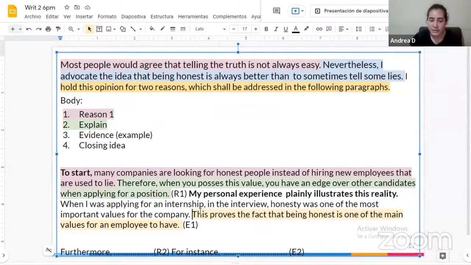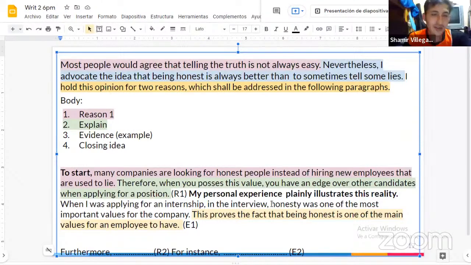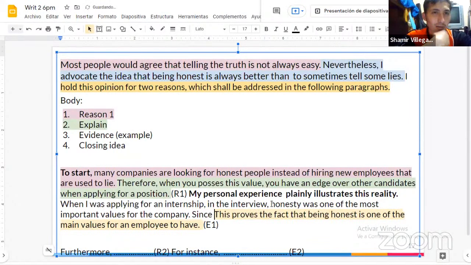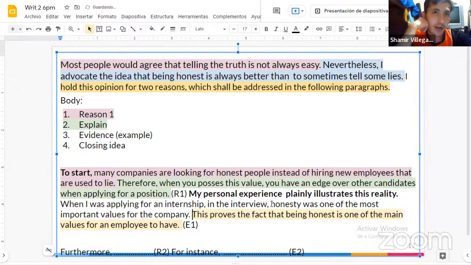So what can we say? Since the areas of projects for the company, or something related to the area of the company.